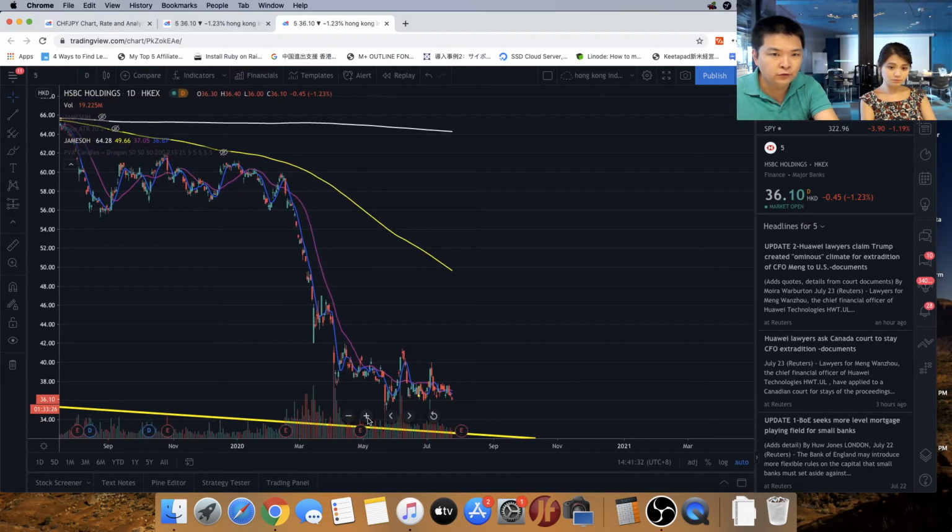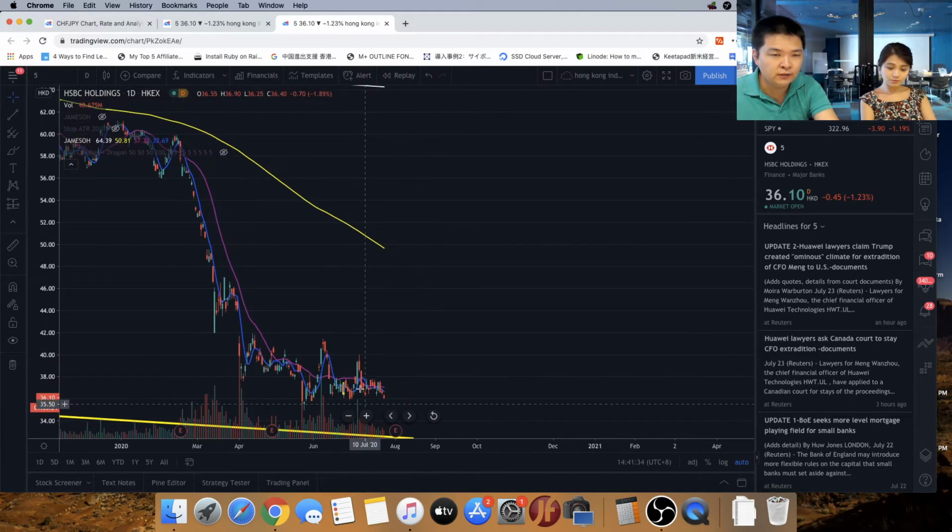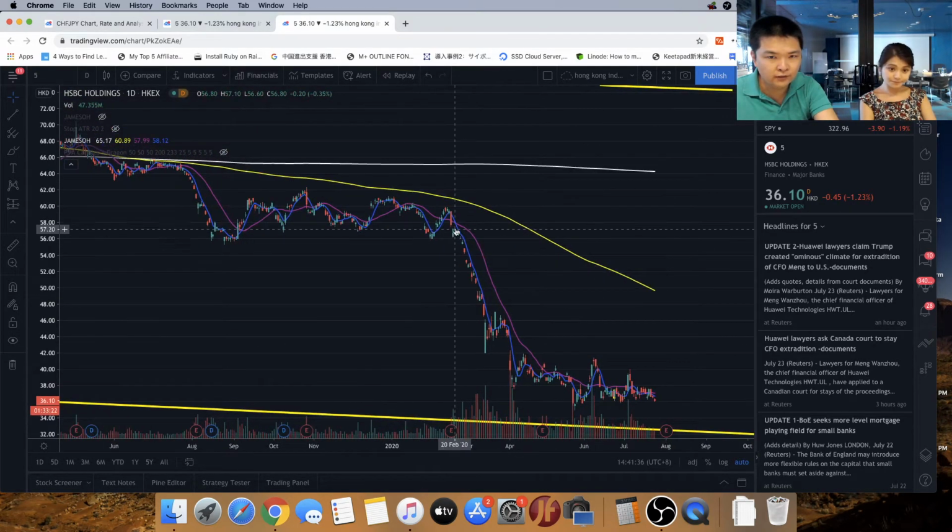If we use it, you can see that this move is respecting the resistance of the 20 MA very well. Here it doesn't really, though you could maybe use it here and here. So to see this kind of trend, it would be better to use it.